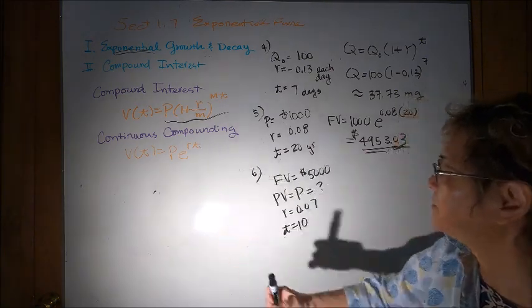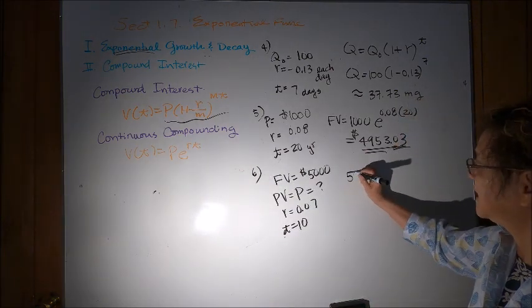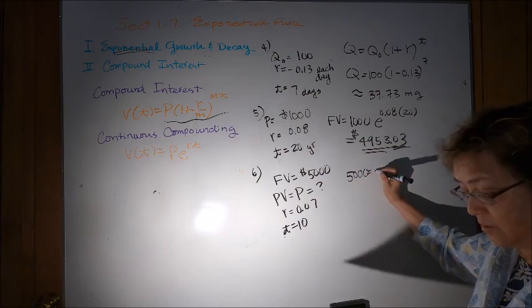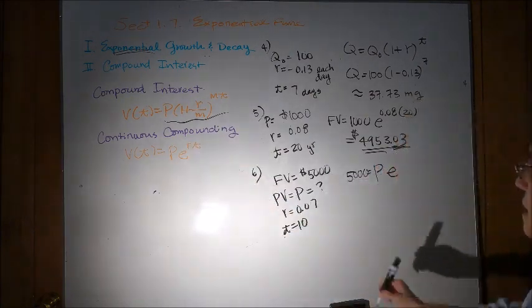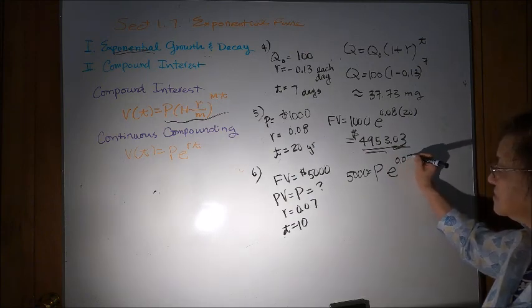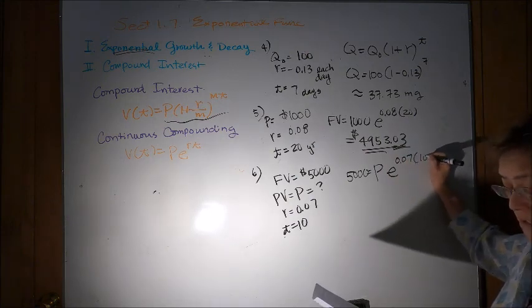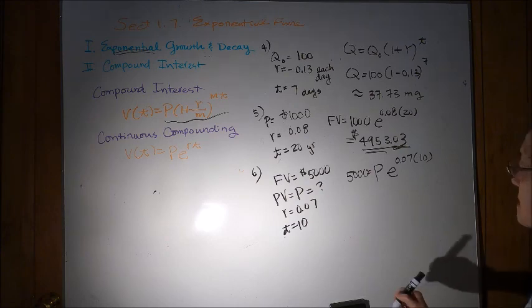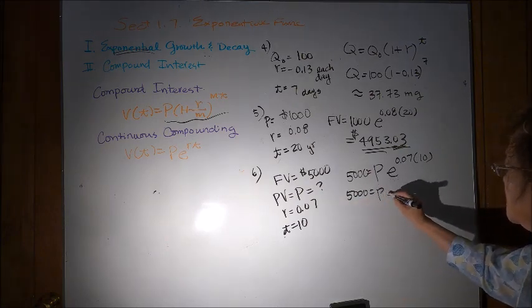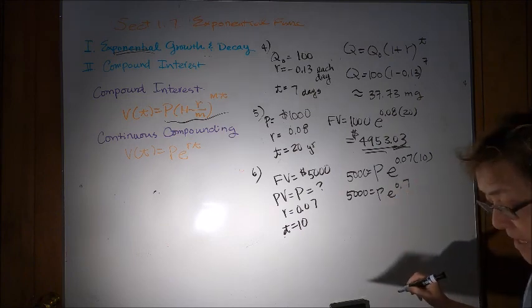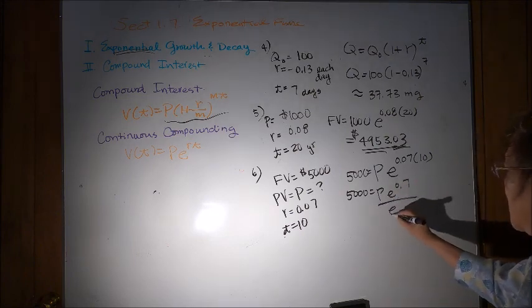Use the second formula. Future value 5,000 equals what? Your present value times e to the rt. r is 0.07, t is what? 10, right? So that's 5,000 equals P e to the 0.7. So you divide by that.